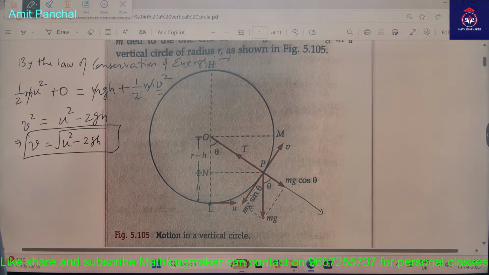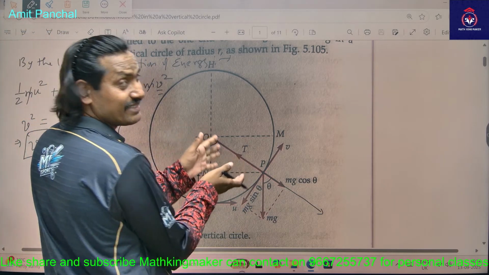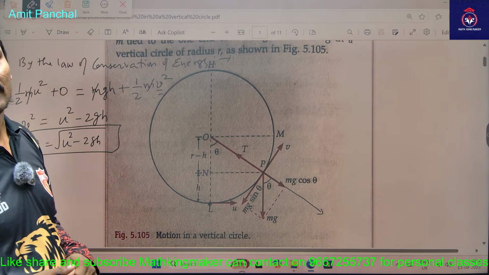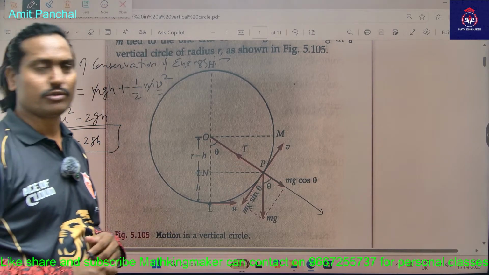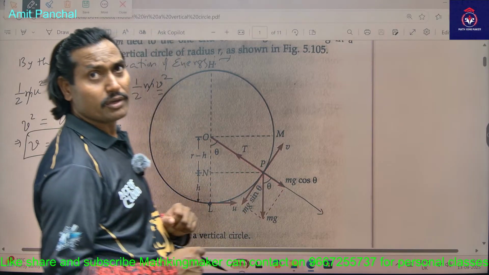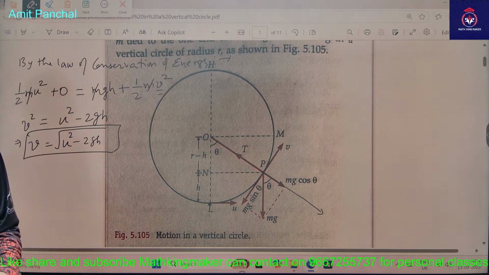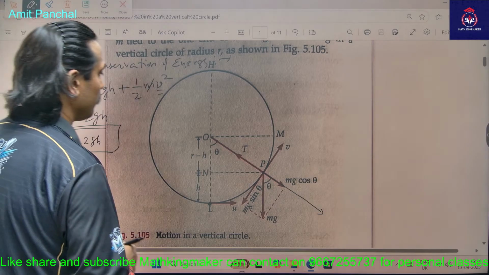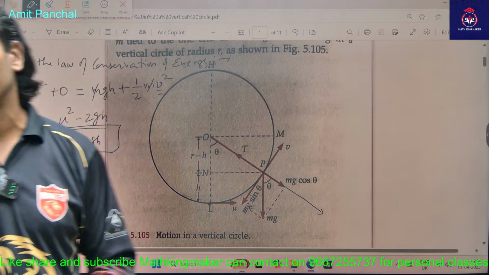Now we'll apply the concept of centripetal force. As it is a circular motion, centripetal force will come into the picture. Because of the difference between T and mg cos theta, there will be a centripetal force. If they are equal, there will not be any force.